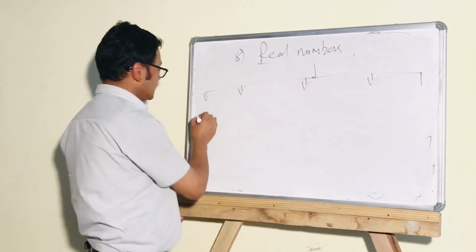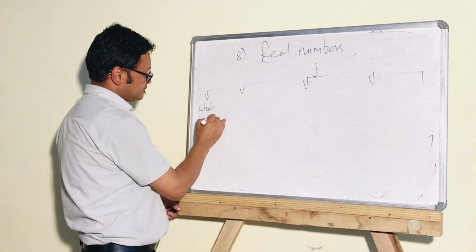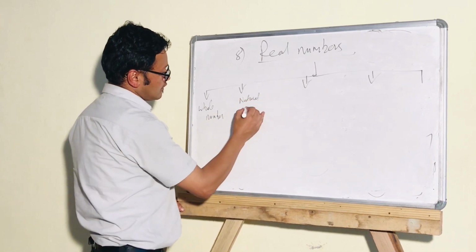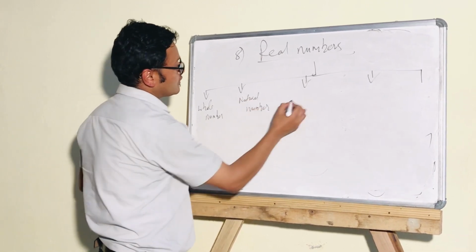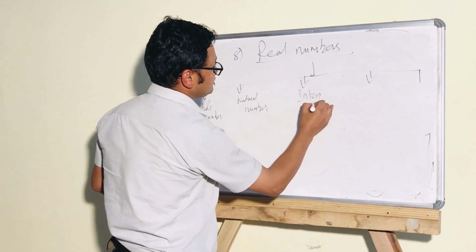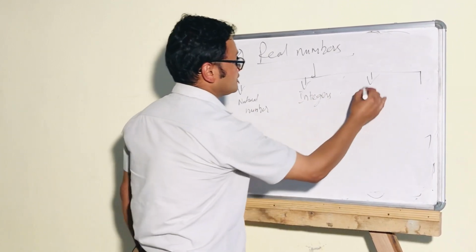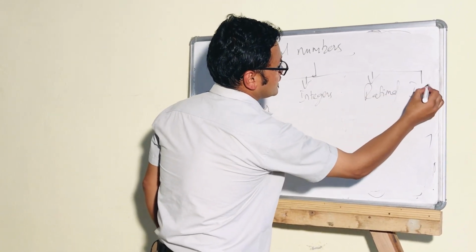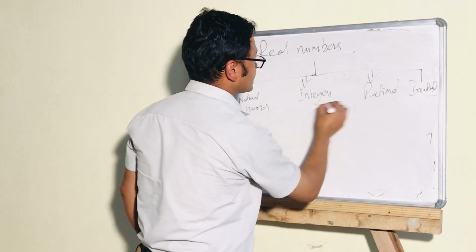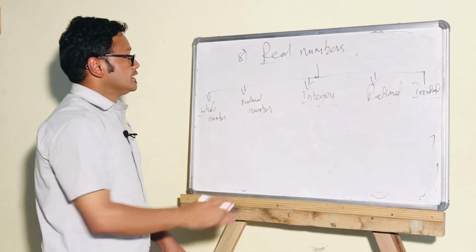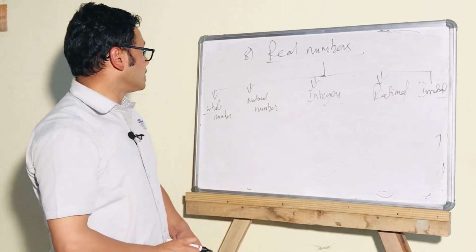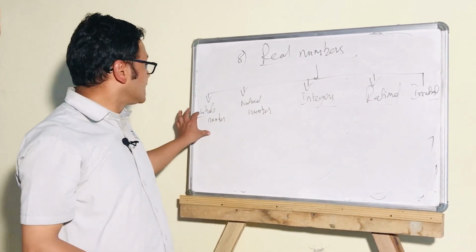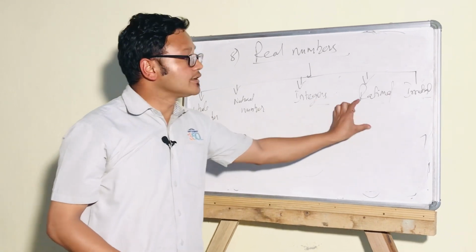First whole numbers, then natural numbers, then integers, then rational numbers, then irrational numbers. So real numbers is the set of numbers which comprises all the categories of numbers. That means whole numbers, natural numbers, integers, rational numbers, and irrational numbers.